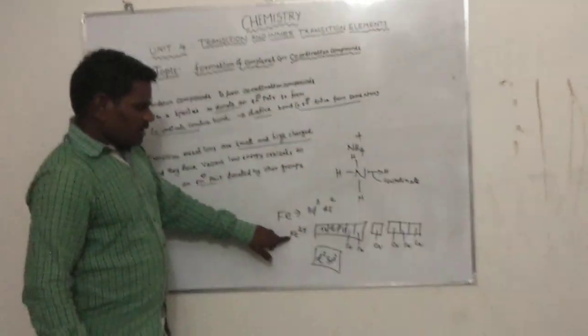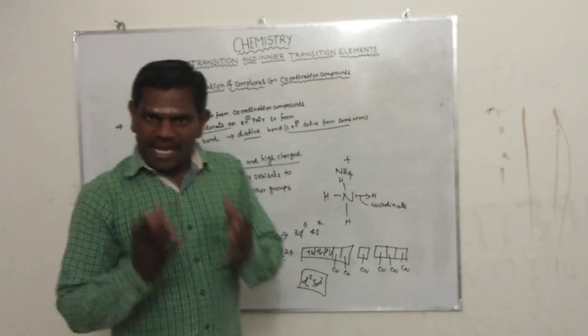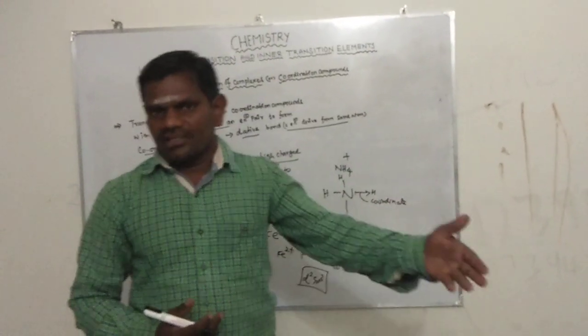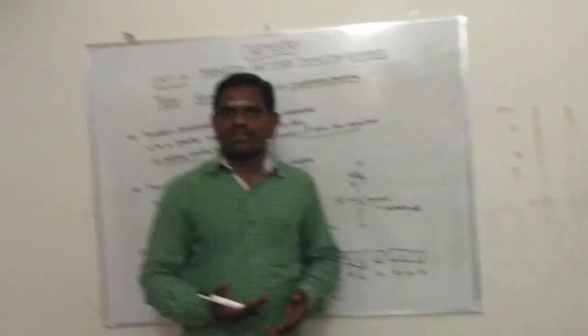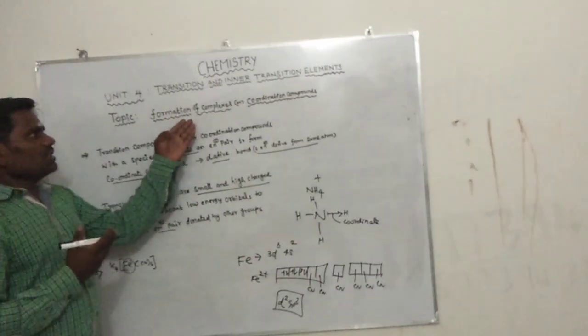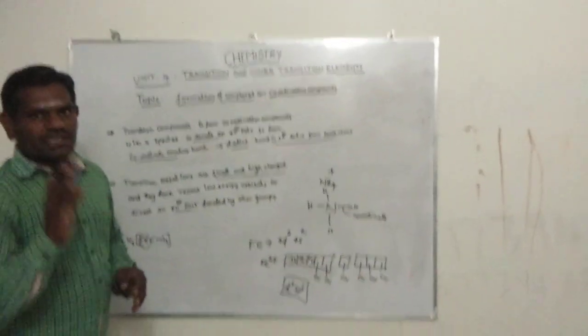This is the central metal atom. The central metal atom has vacant orbitals to accept pairs of electrons from other groups. This property is the reason for the formation of coordination compounds or complex compounds by the transition elements.